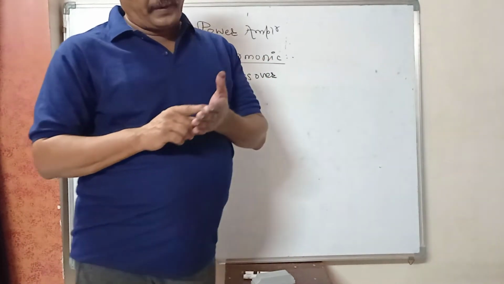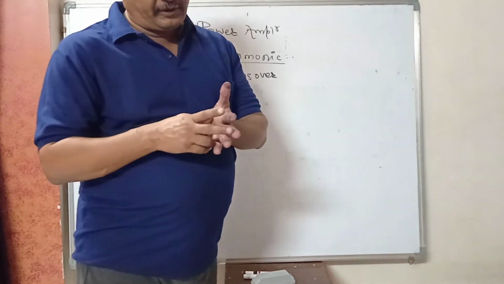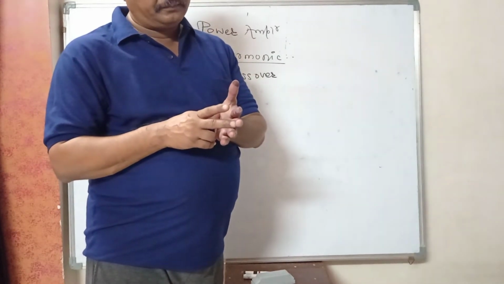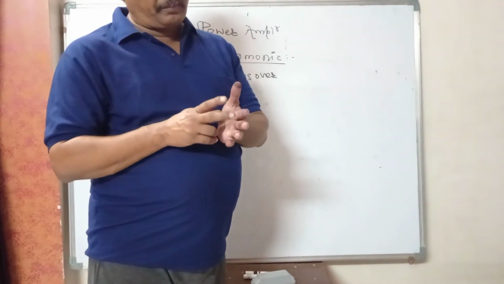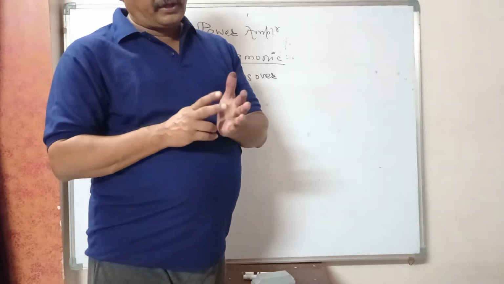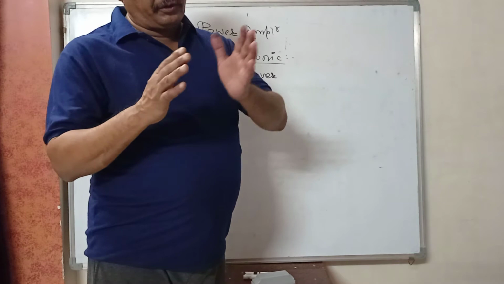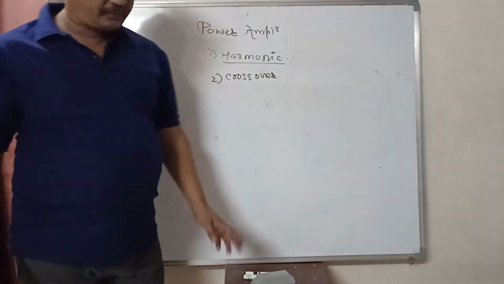Input is 0 to 2 pi sine wave, 0 to pi positive half cycle, pi to 2 pi negative half cycle. We are not getting output between 0 to pi as well as pi to 2 pi. Positive half cycle is not obtained for 0 to pi, negative half cycle is not obtained for pi to 2 pi. So the portion in which we are not getting output is known as crossover distortion.